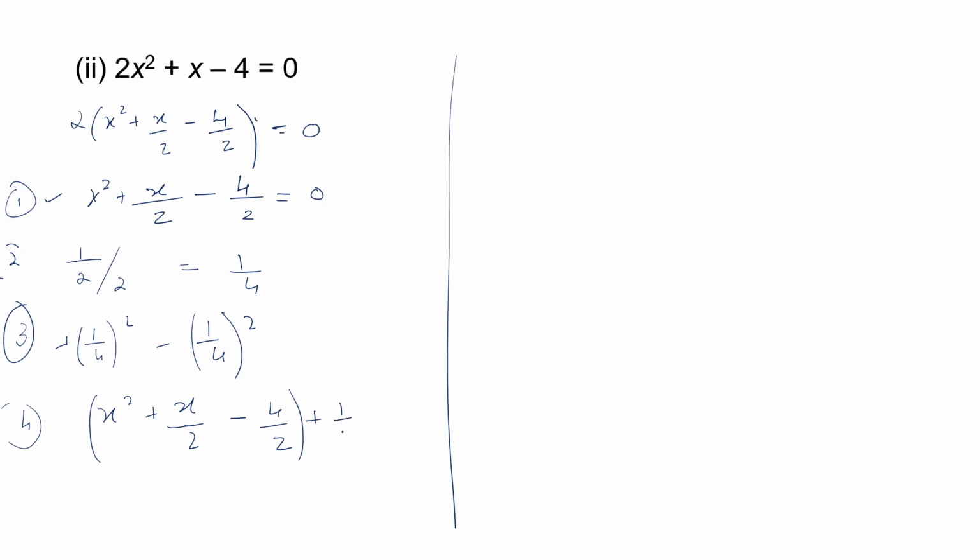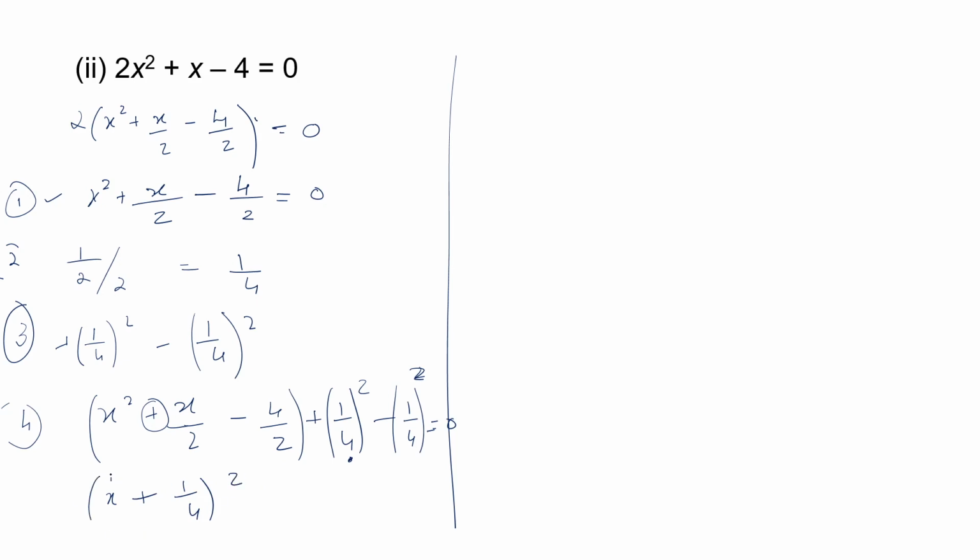With that we will add the third step, square, add and subtract. So this will be equal to 0. Now see the coefficient of x, it is plus, so (a plus b) whole square. We have to take this one now, whole square.